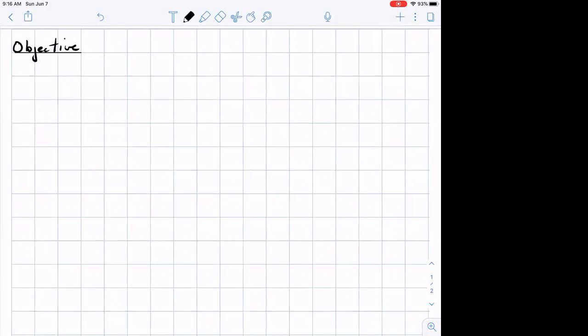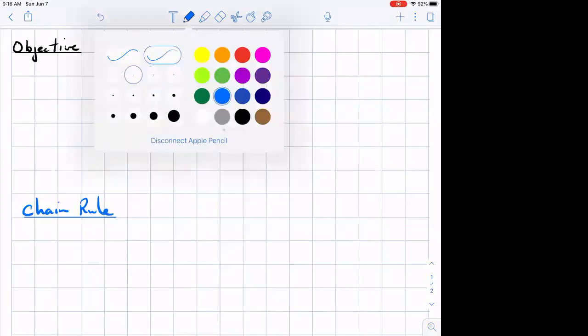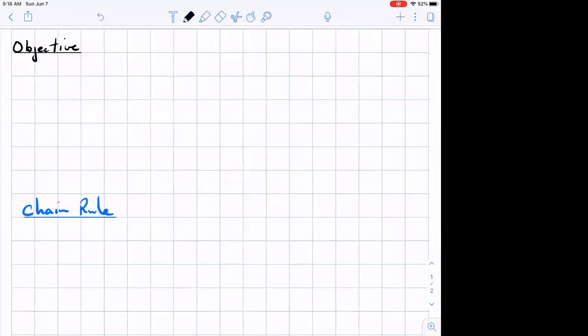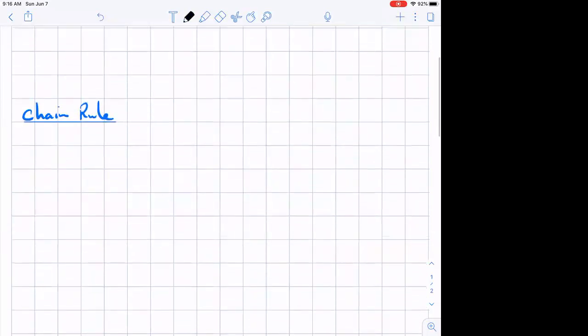In today's topic, we'll be looking at the chain rule. So in the prior sections, we looked at derivatives and some of the rules of derivatives.